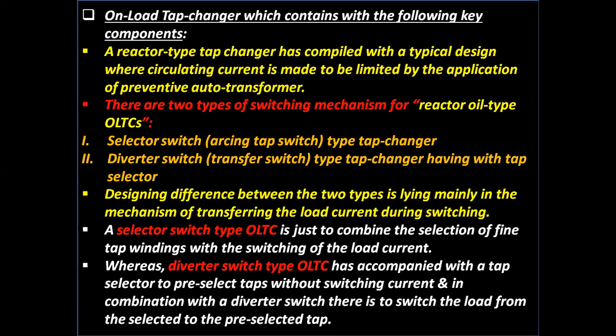There are two types of switching mechanism for reactor oil type OLTCs. Number one, selector switch type, that is arcing tap switch type tap changer, and number two, diverter switch, which is a transfer switch type tap changer having a tap selector.